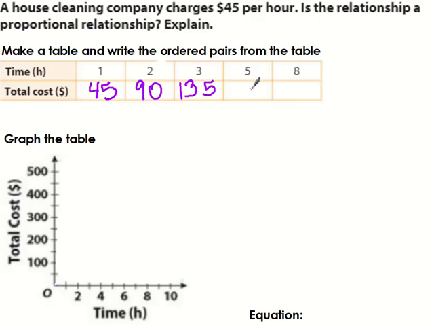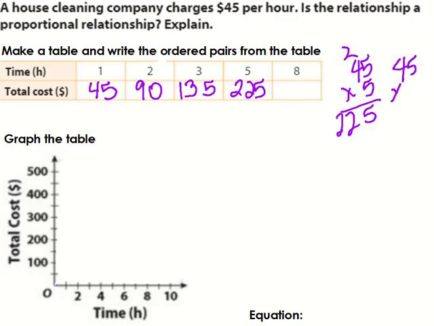To find 5 hours, I can do 45 times 5, which is $225. And to get 8, I would just multiply by 8, so $360.